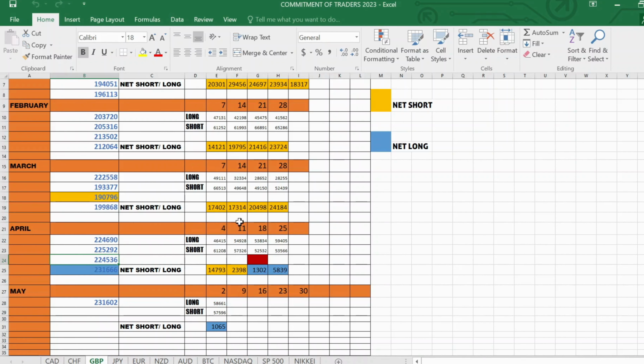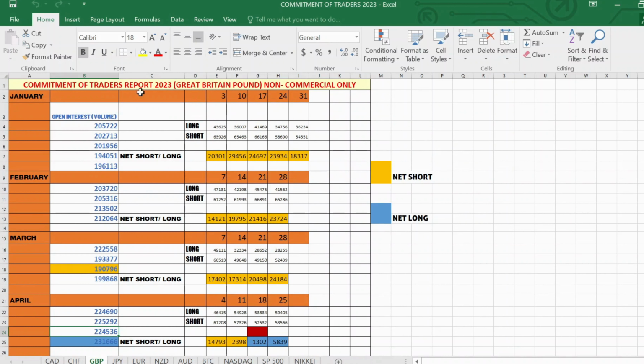The next thing to consider is the difference between the long and the short positions, to see whether the currency is net long or net short.